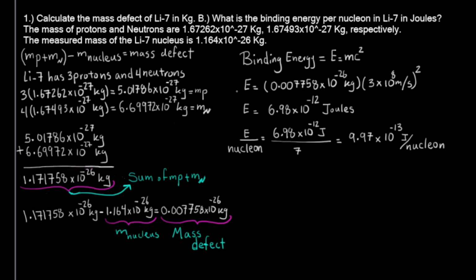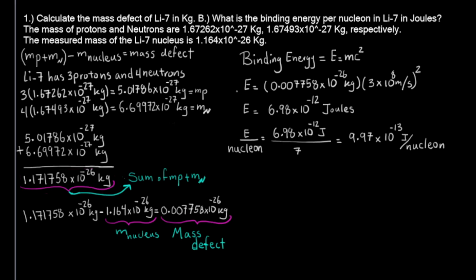So E is equal to 0.007758 times 10 to the minus 26 kilogram times 3 times 10 to the 8 meters per second, and you have to square that value because the equation requires that you square the c value, or the speed of light. If we plug this into our calculator, we get a value of 6.98 times 10 to the minus 12 joules for binding energy.